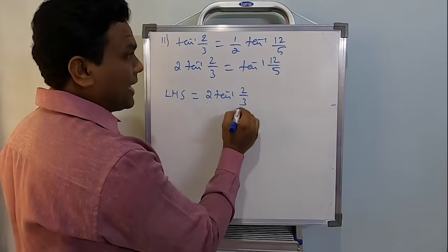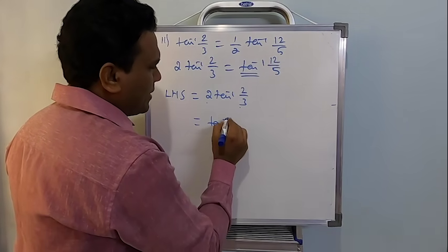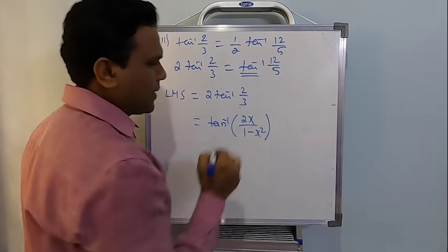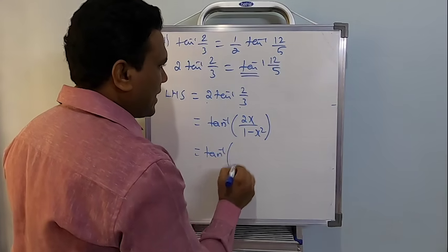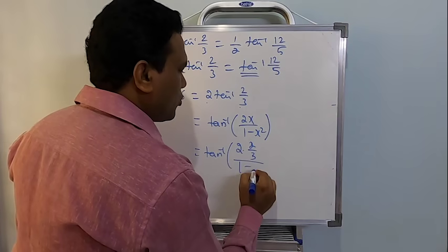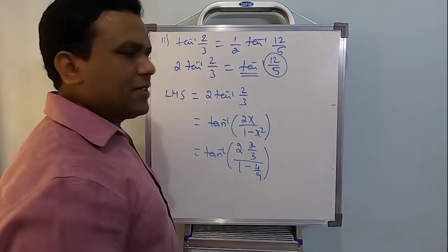What is the formula of 2 tan inverse in terms of tan inverse? 2 tan inverse x is tan inverse of 2x by 1 minus x square. Now substitute in this formula. So this will be tan inverse of 2 multiplied by 2 by 3, over 1 minus 2 by 3 the whole square, which will be 4 by 9. I should simplify till I get this term.